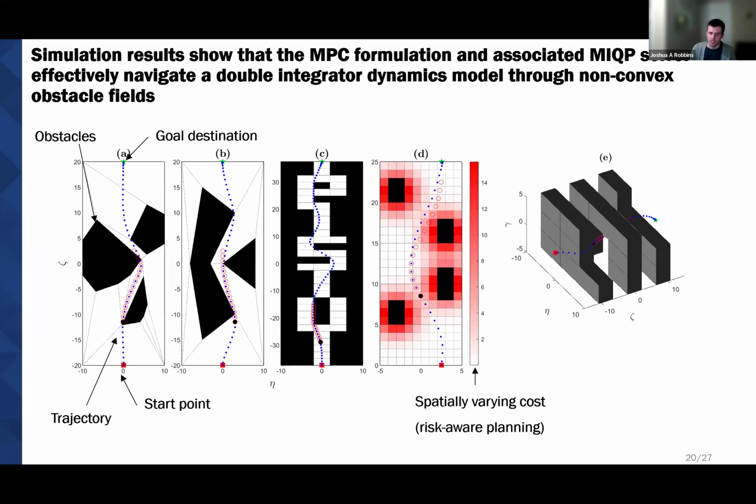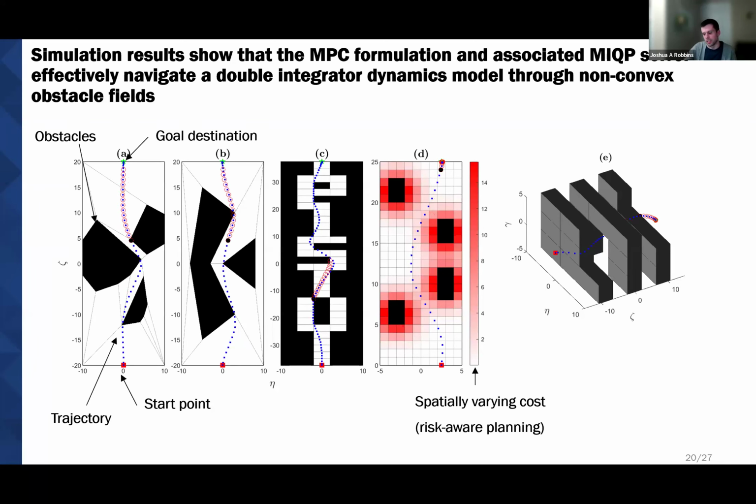Okay, so now getting into some simulation results. We can see here we have 5 different examples, and in each case we're using a double integrator model. At the bottom where the red squares are is the start point for the simulation, and at the top with the green diamond or green star is the goal destination.